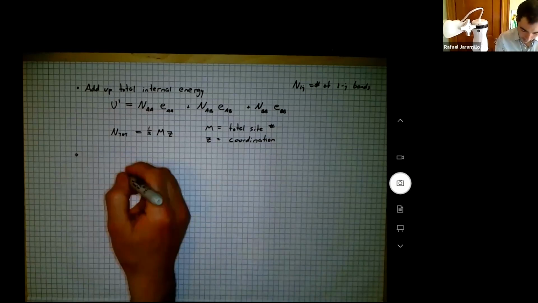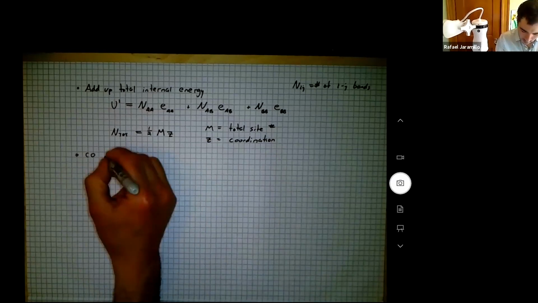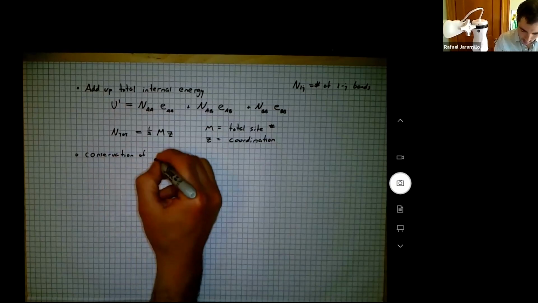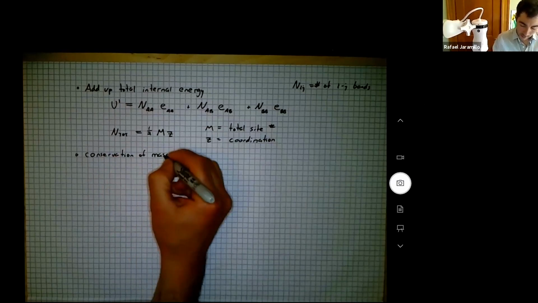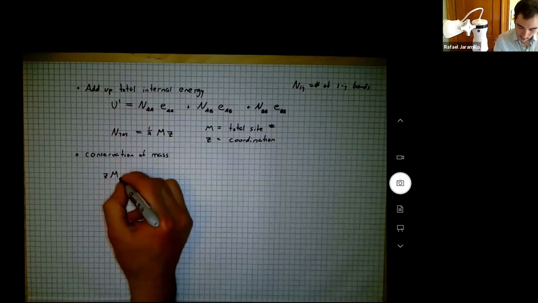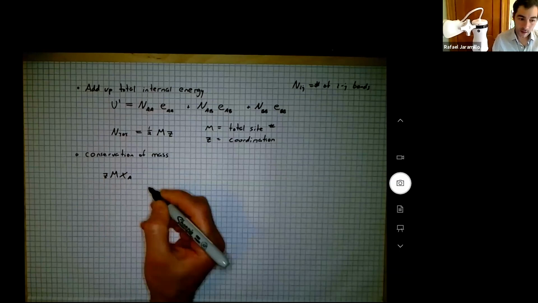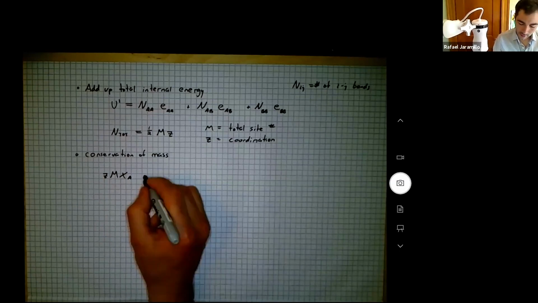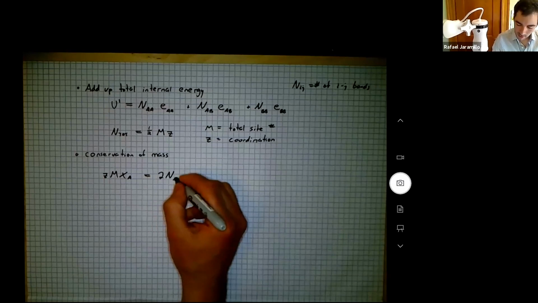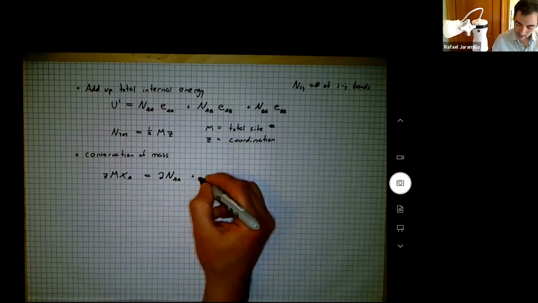All right, we have conservation of mass. What does that mean? Z M X_A is the total number of A species. That equals 2 times the number of AA bonds plus the number of AB bonds.